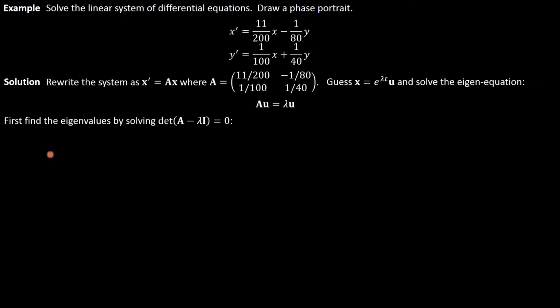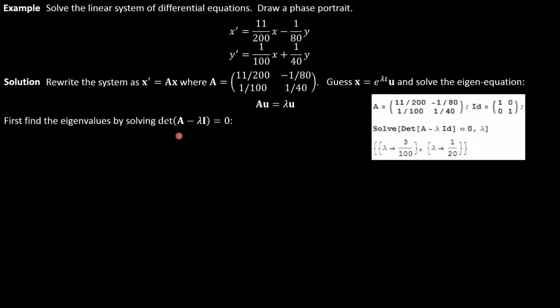First, we have to find the eigenvalues. Those are the values of lambda that make this possible. Instead of doing it by hand, since the numbers are kind of hard, I'll show you how to do this with Mathematica. You can enter a matrix, and also define the identity matrix for convenience. Then you type in the equation just as I wrote it.